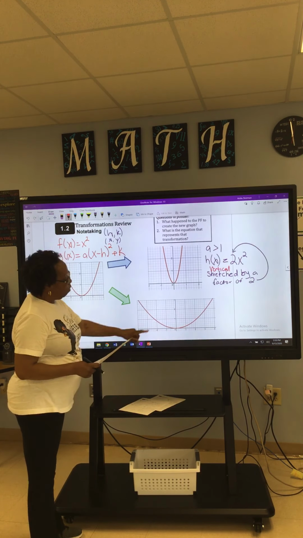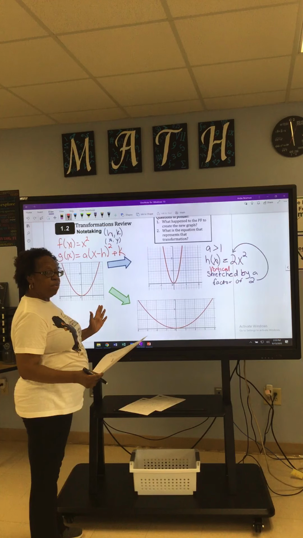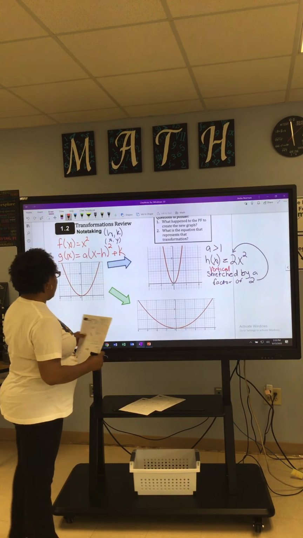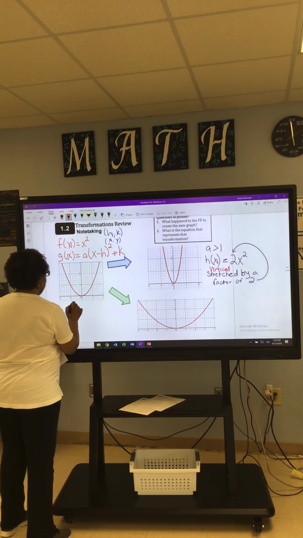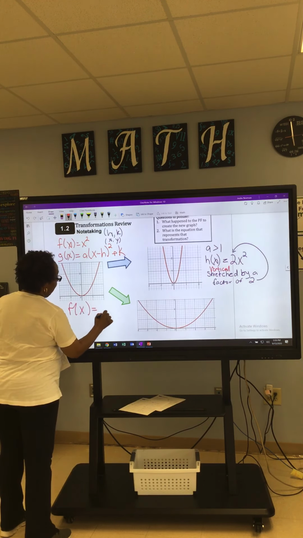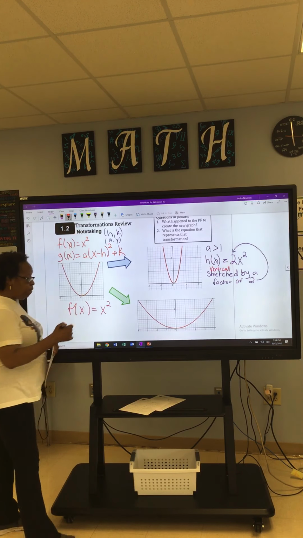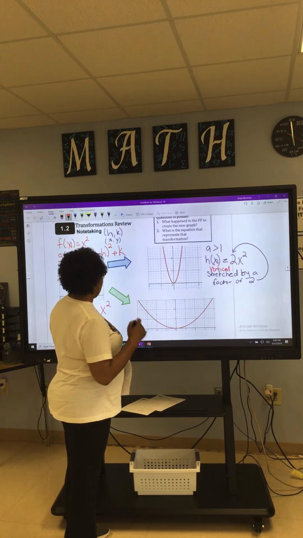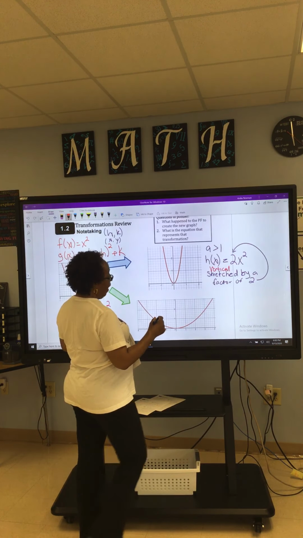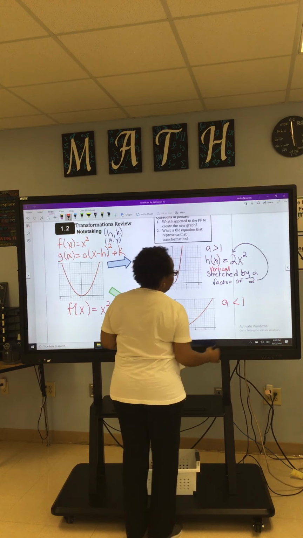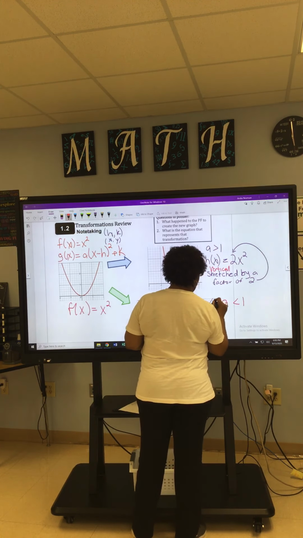Now, let's look at this other one right here. We notice this one has gotten wider, okay? That means it is starting to shrink, all right? So if this still is f of x equals x squared, our parent function, what has happened now? It's become wider. In this case, our a is now less than 1, but it is also greater than 0.